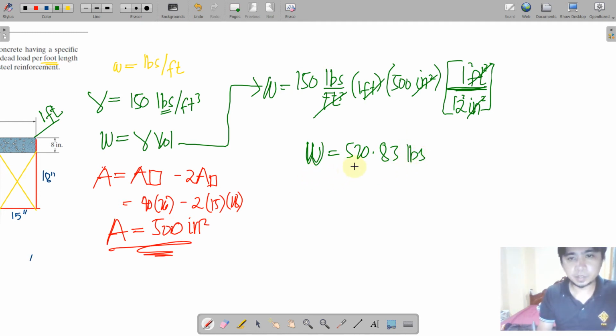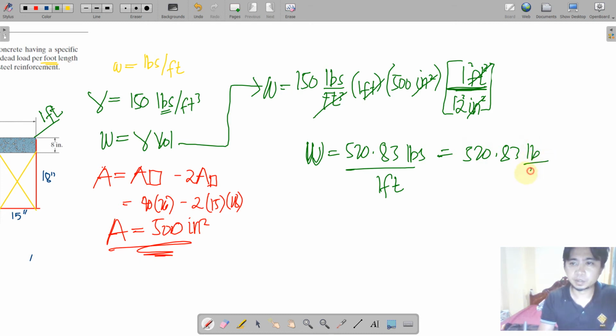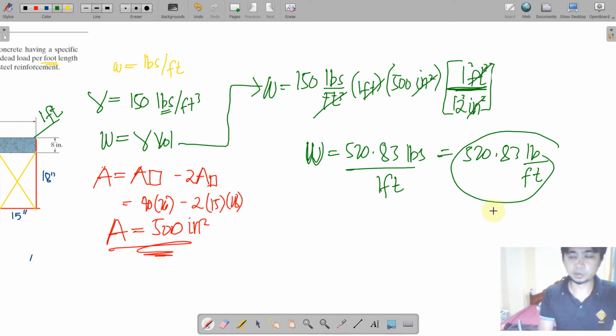So we just divide it by 1 foot, because per foot of length, according to the problem, we will be having the same value but a unit which is pounds per foot. Okay, so that's it for the third problem.